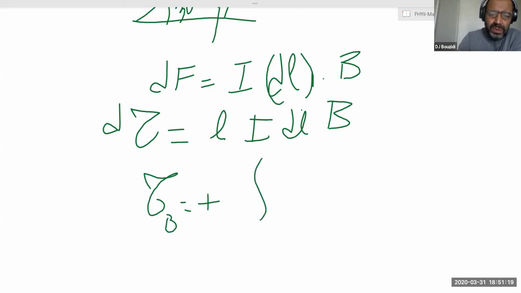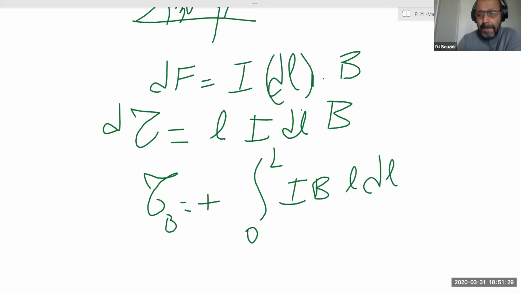It's going to be the integral from 0 to a big L of I B times L dL. When I integrate L dL, it's going to be L squared over 2.